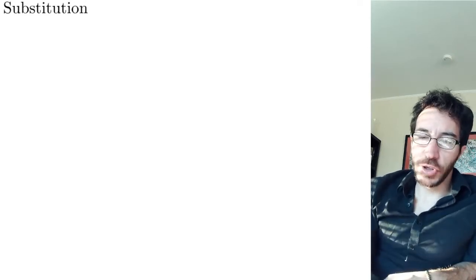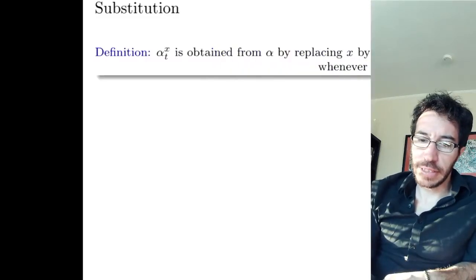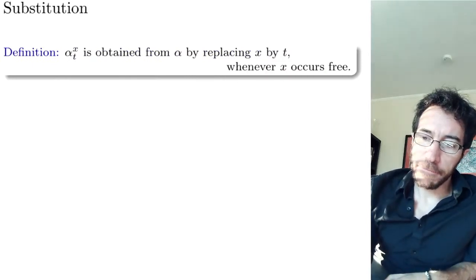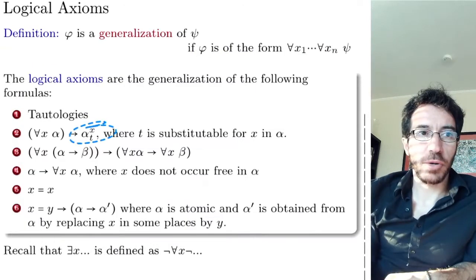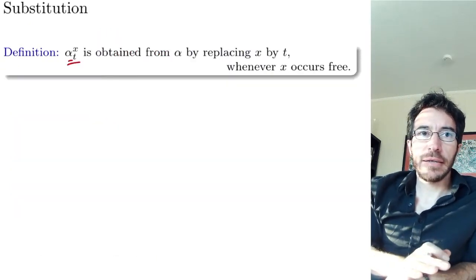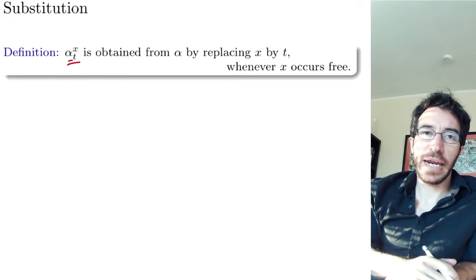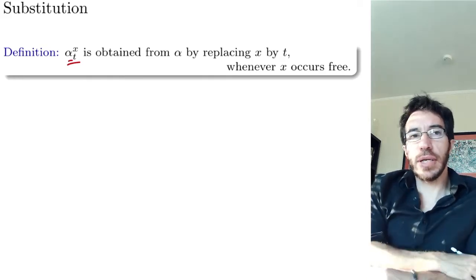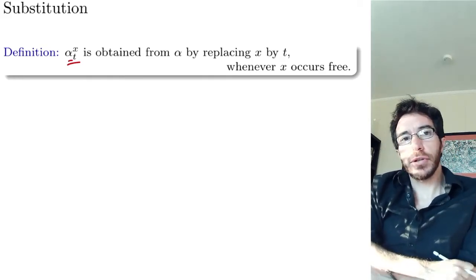Okay, now let's go to substitution to figure out what that means. So alpha x t, which showed up in the group of axioms 2, is obtained from alpha by replacing x by t whenever x occurs free. It would have been better to say wherever x occurs free.